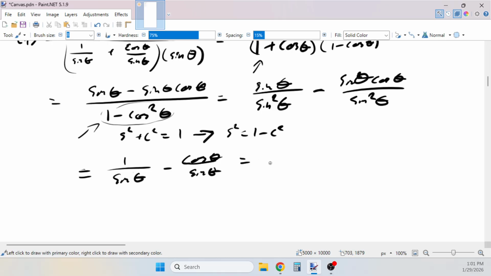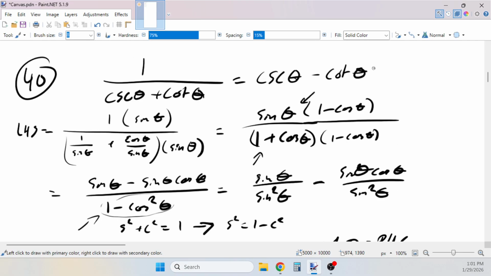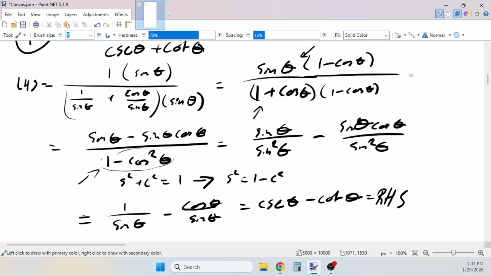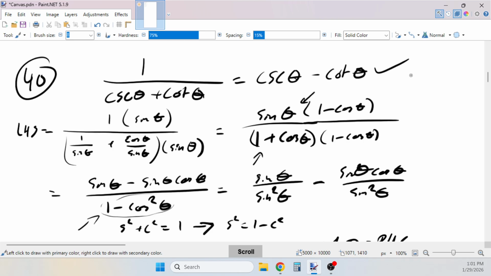That's the same as cosecant theta minus cotangent theta, which is the right-hand side. Okay. And there may be a slicker way to do that, and maybe you find steps you can cut if you want. But we got the solution.